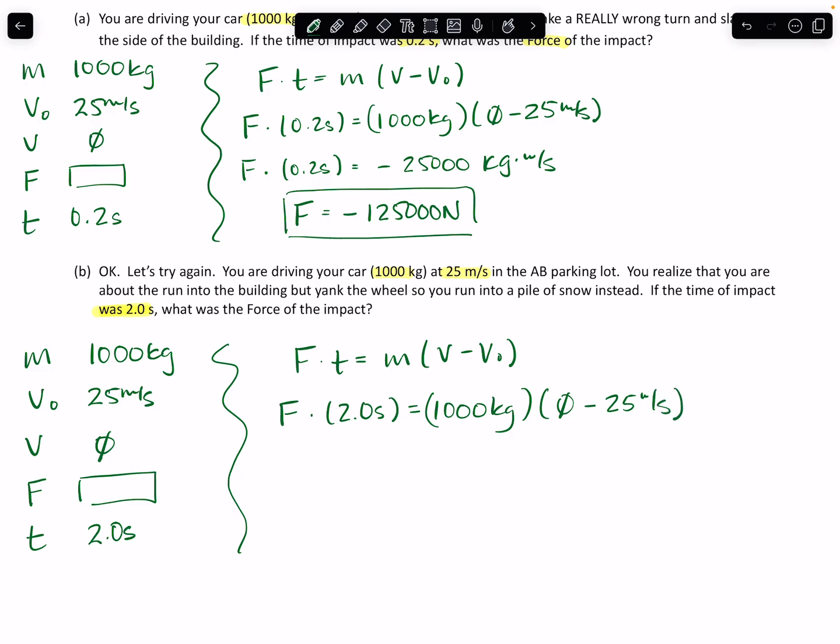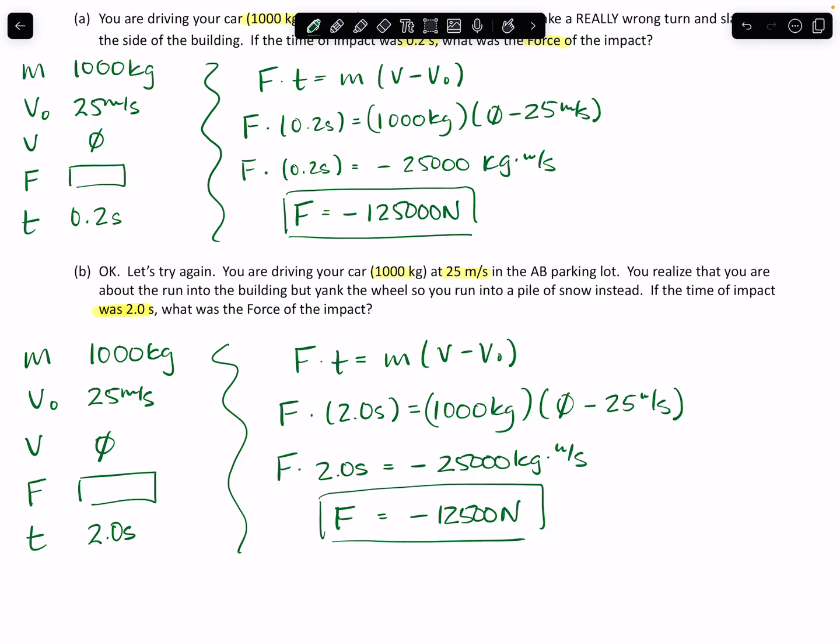We get negative 25,000 kilograms times meters per second for that change of momentum divided by our 2 seconds. And this time we have negative 12,500 newtons, which is 10 times less than what we saw for part A above.